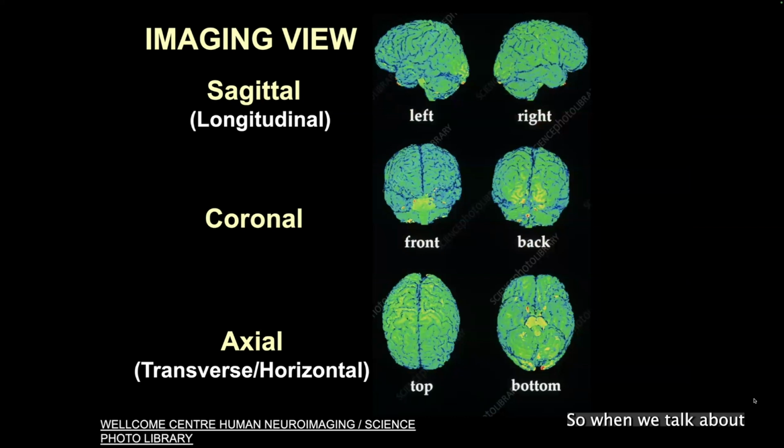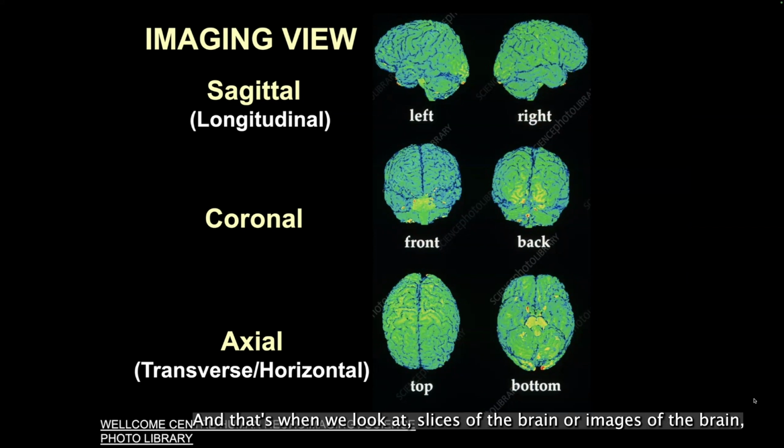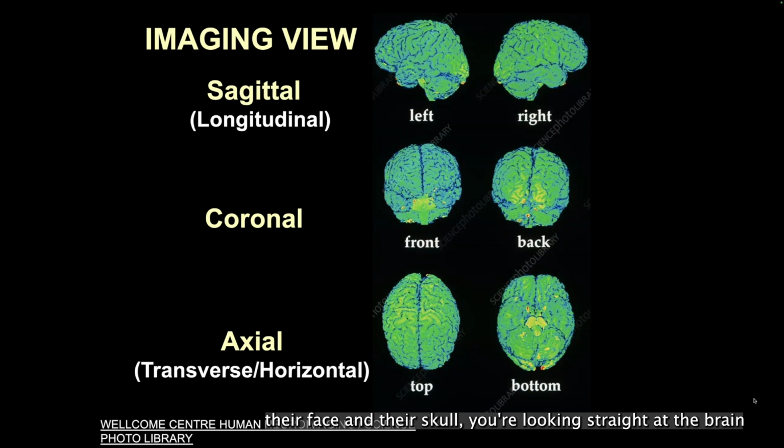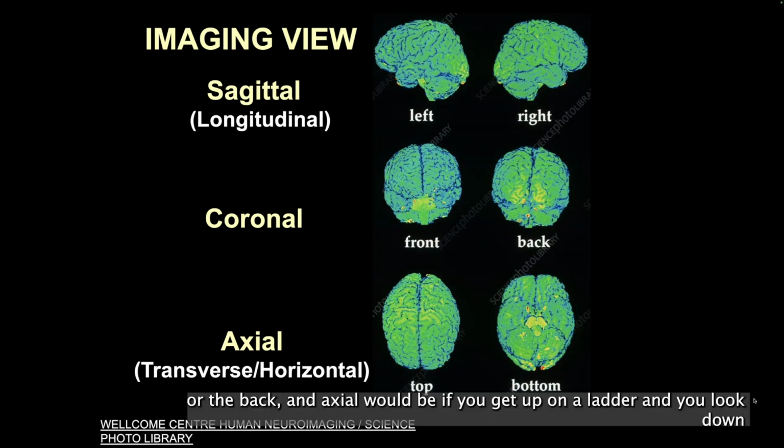So when we talk about imaging the brain and viewing the brain, there are different views that you should be familiar with. The first is sagittal, and that's when we look at slices or images of the brain from the left or the right. Imagine looking in by the ear, left or right. And then coronal would be if you look at the face of somebody, if you remove their face and their skull, you're looking straight at the brain from the front or the back.